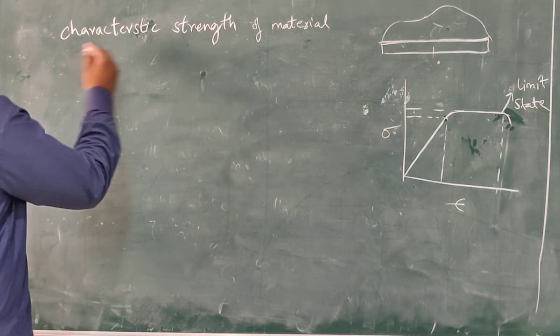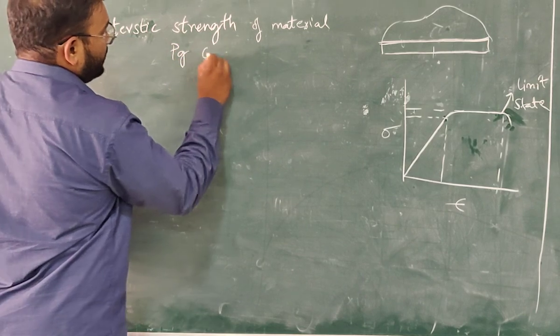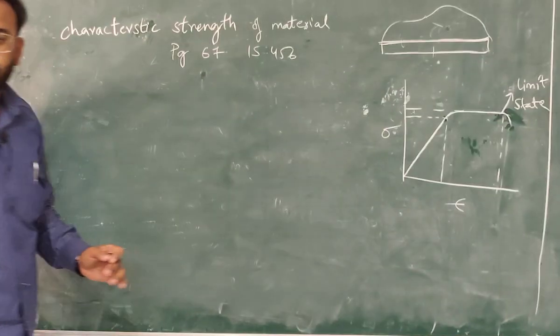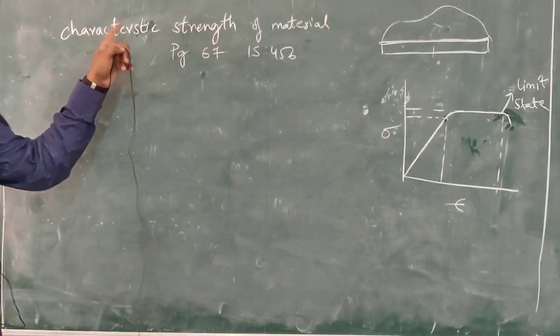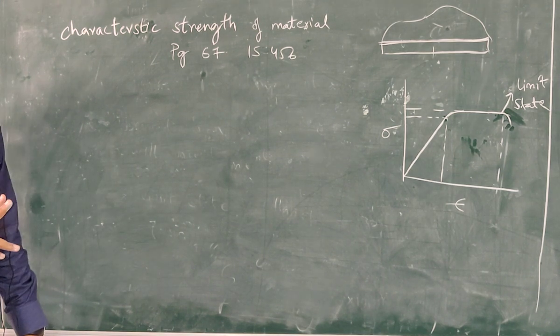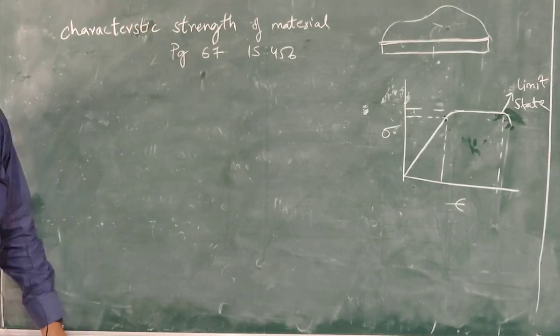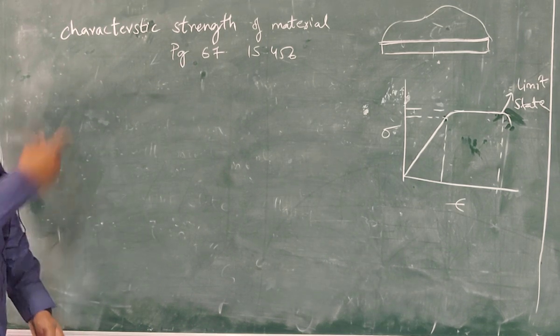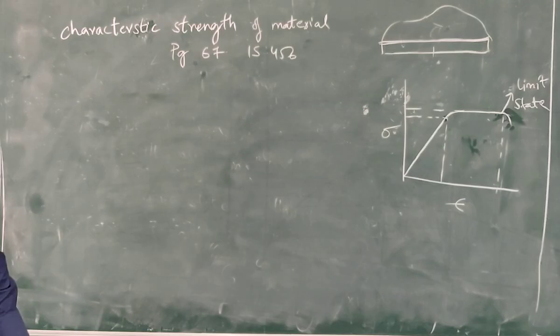This is given on page number 67 of IS 456. Very important 2 marks question. What you need to do, open this page, copy the definition. Simple. Remember this one. Very important 2 marks question for final examination. Whenever you have to write this definition, open page 67, copy the definition from there. Okay, you'll get 2 marks.